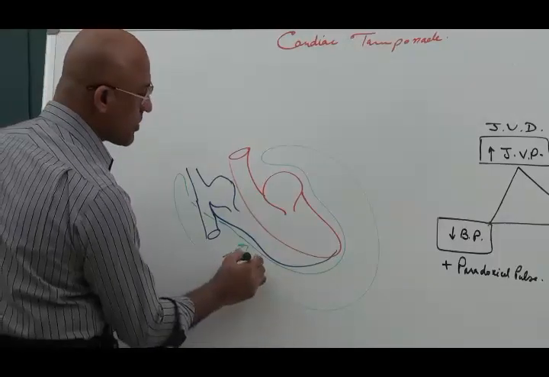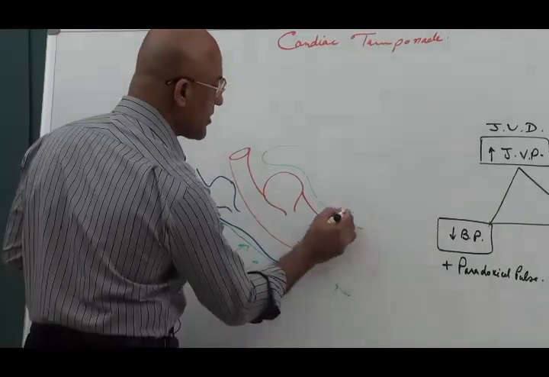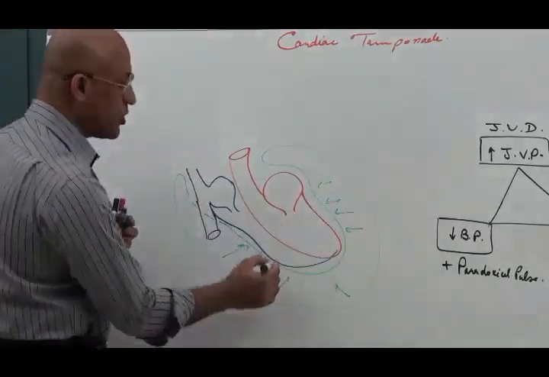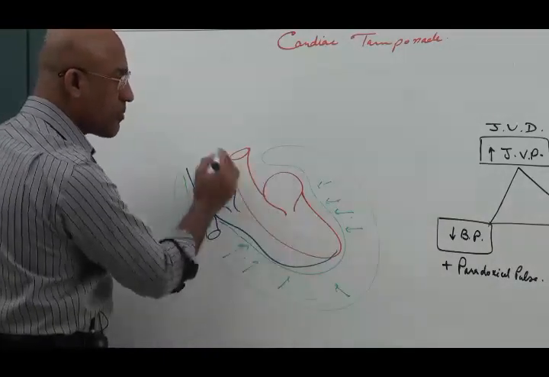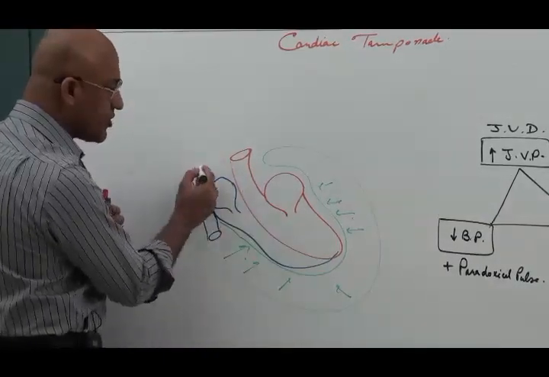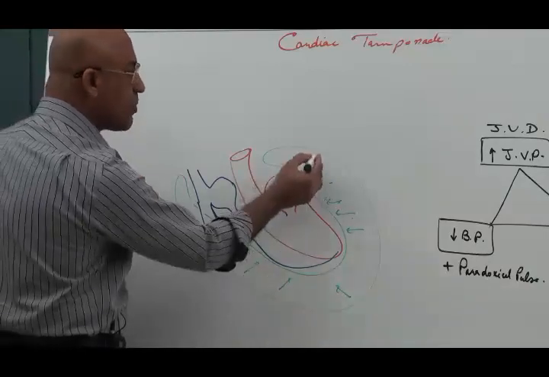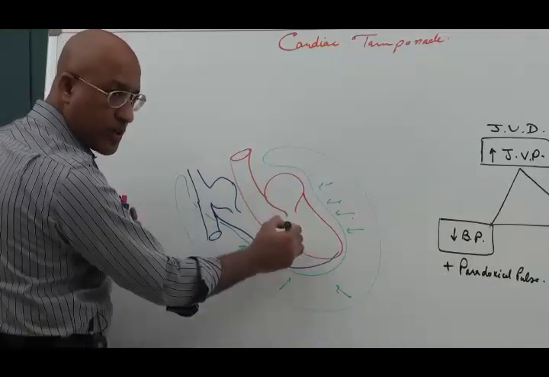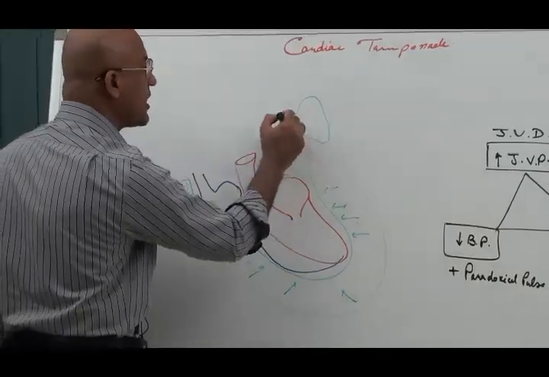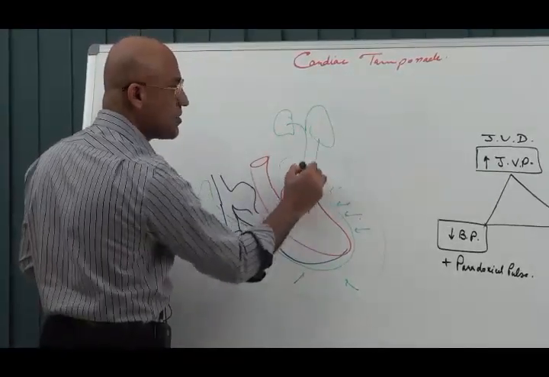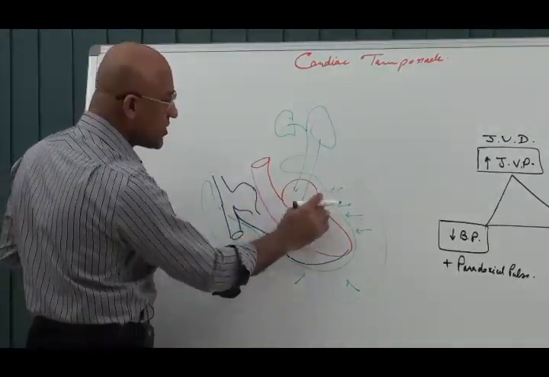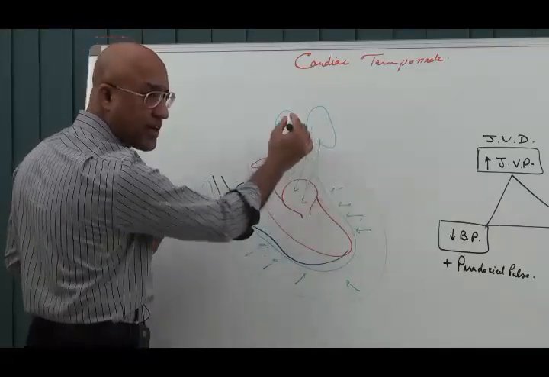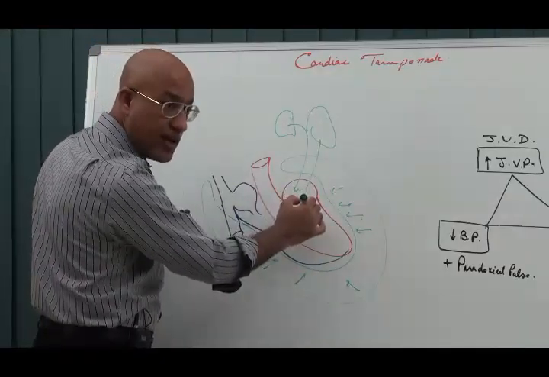Now, this is pressing here and it is also pressing here. And as I told you, if pressure here is more than the filling pressures, of course here is the systemic venous pressure coming and here is pulmonary venous pressure coming, because here the blood which is returning from the lungs. Is that right? Now, if pressures here are higher, of course venous return cannot be maintained very well, right?